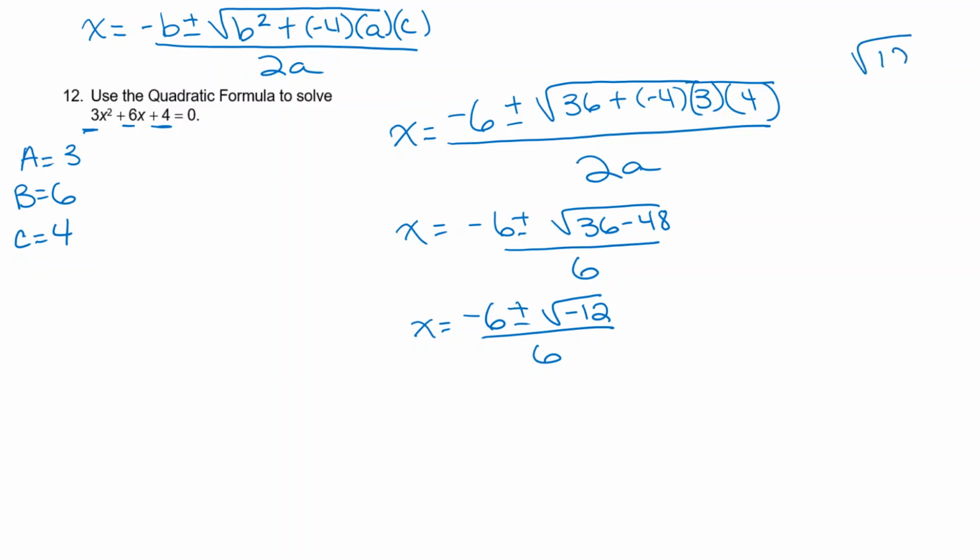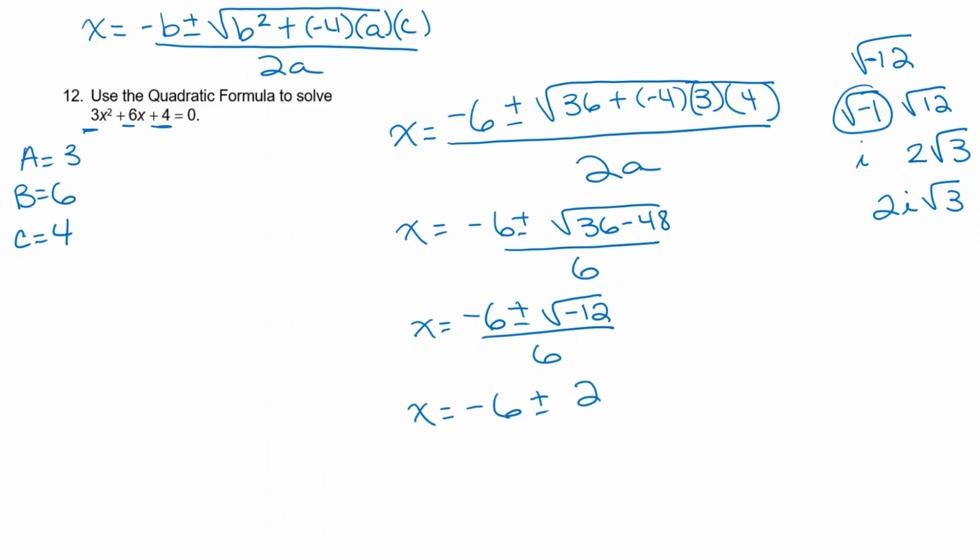The square root of -12 is equal to the square root of -1 times the square root of 12. So -1 is an i, and the square root of 12 is 2 square root of 3. You should have that memorized now. So that is 2i square root of 3. So we have x equals -6 plus or minus 2i square root of 3, all over 6.